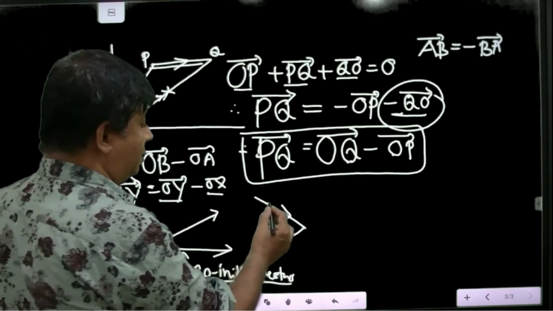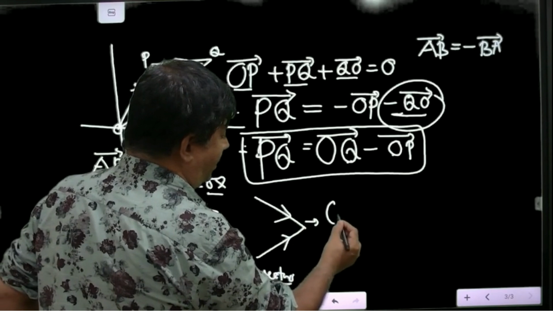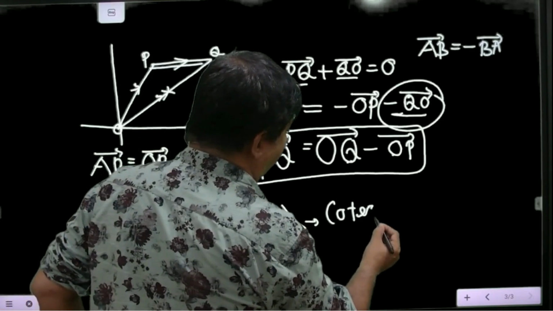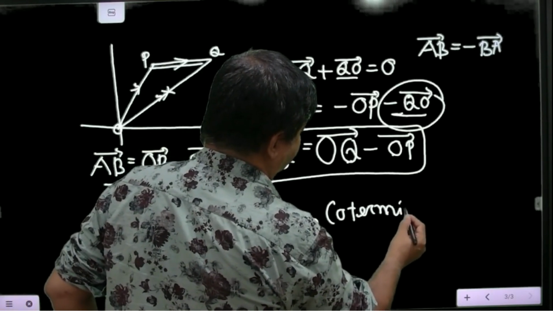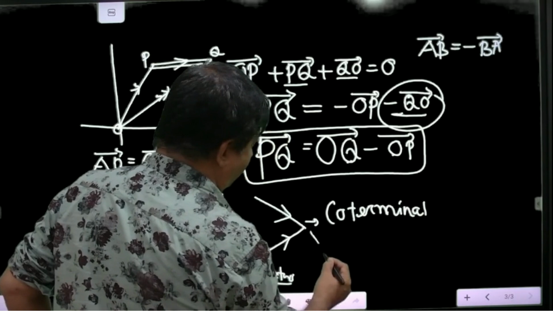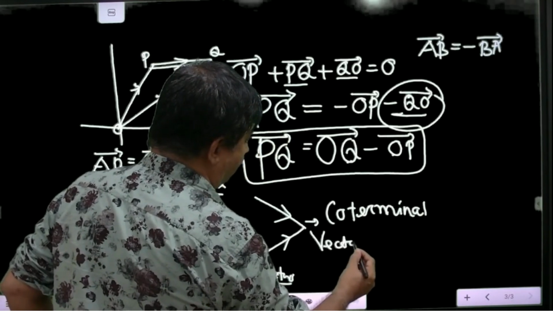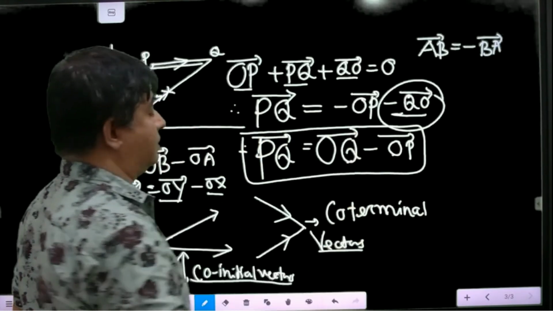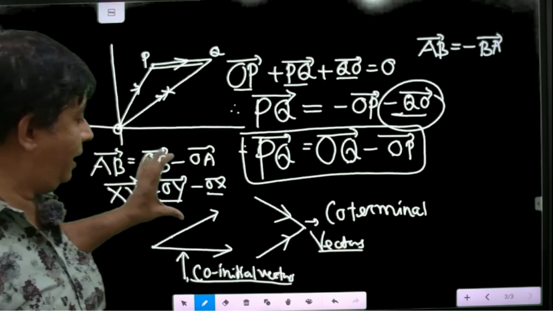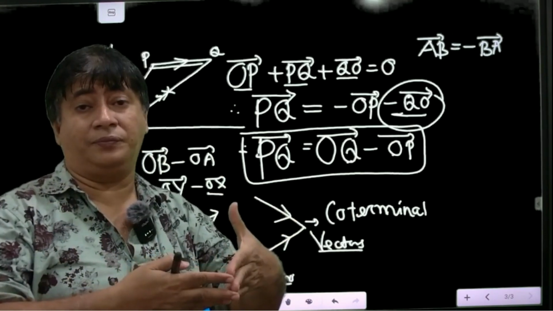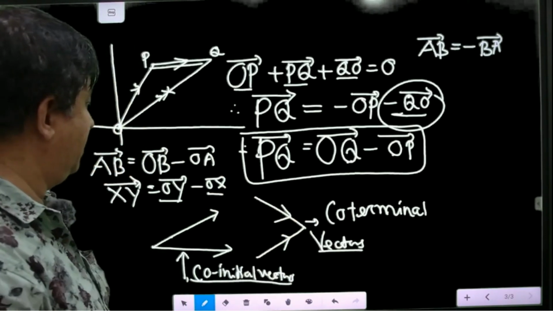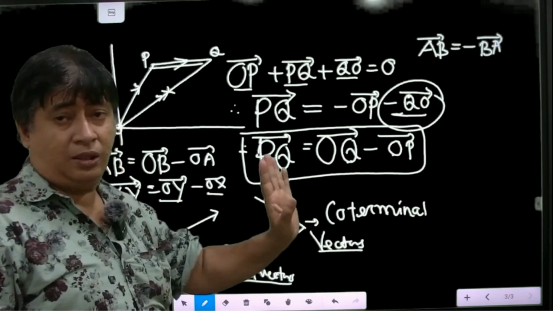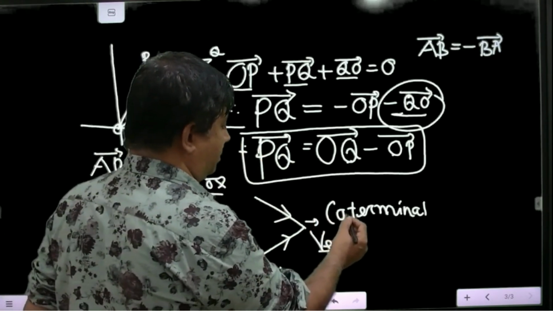This is co-terminal vectors, so they converge to a point. Understand? This is co-initial vectors, co-terminal vectors.